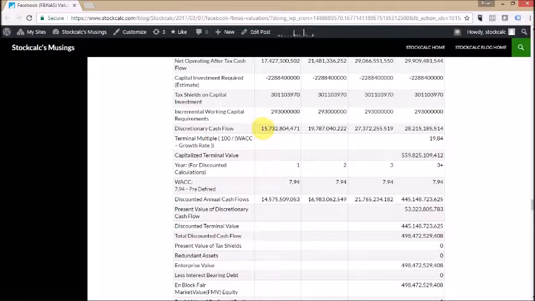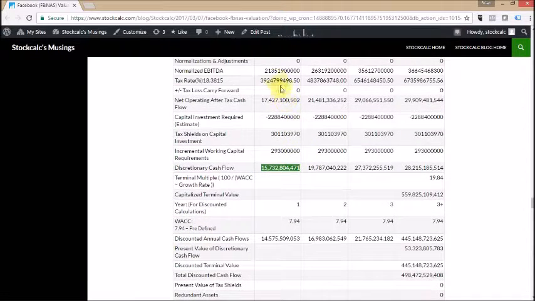So we actually take the cash flows after taxes. We look at what the company needs to spend for capital investment. There's a tax shield associated with that, and then any incremental working capital. So you can think of these in terms of if the company needs to add capital for investment, for buildings or machinery or things like that, or if they require additional capital for managing short-term investments, payables, receivables, that sort of thing.